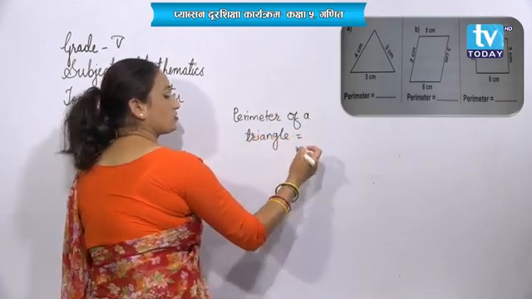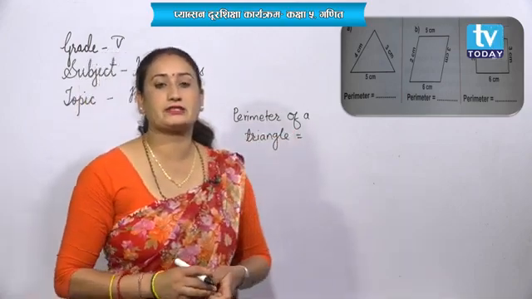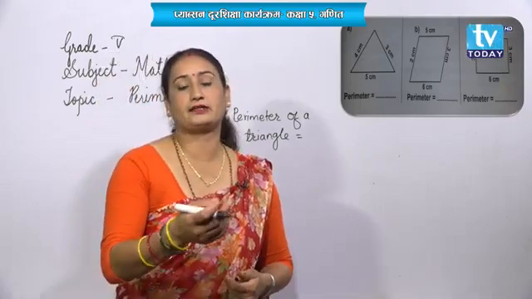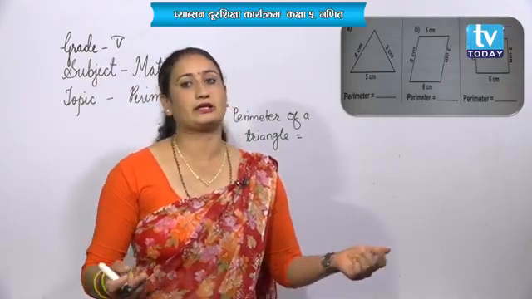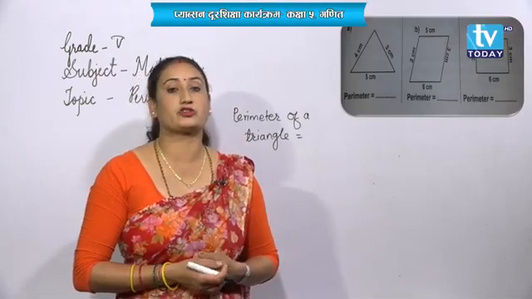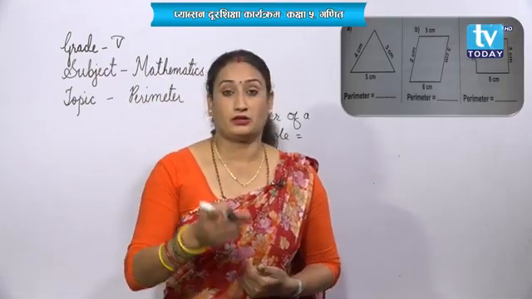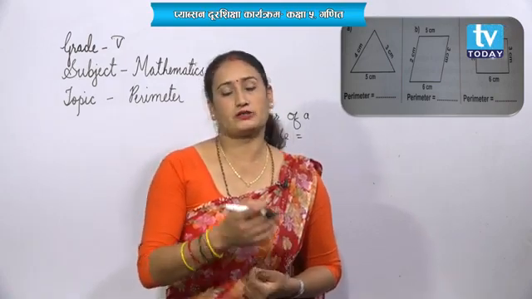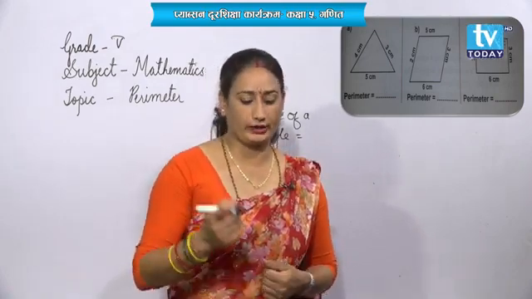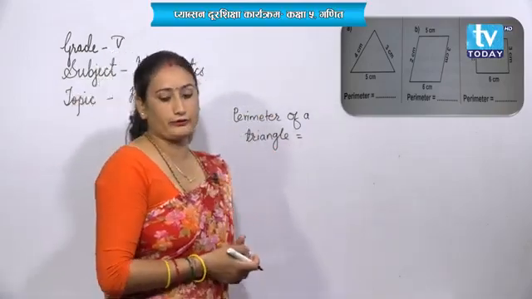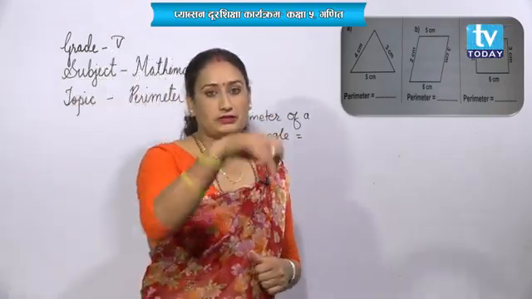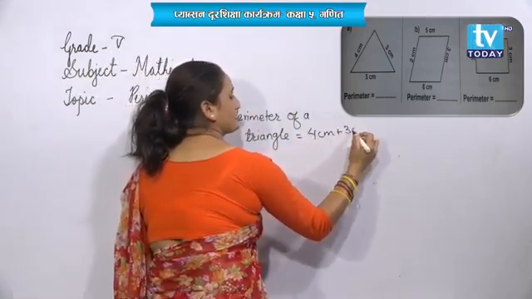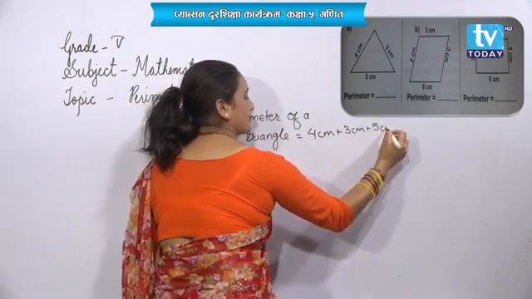Perimeter of a triangle equals what is given in the picture. Have you seen the picture? Okay. So, can you name the sides? You can name them yourself while drawing in your notebook. And over here, the lengths are given, right? So, can you mention the lengths over there? Okay, first one, you can take anything. If you start from 4 centimeter, let's rotate it from the left side. 4 cm plus 3 cm plus 5 cm is given.